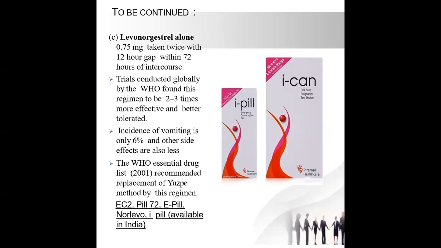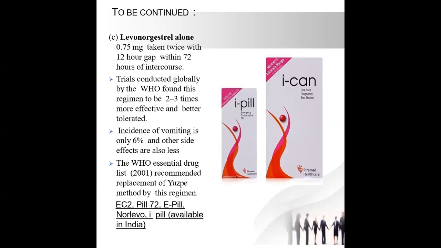The trials conducted globally by the WHO found this regimen to be 2 to 3 times more effective and better tolerated than the above regimens. The incidence of vomiting is only 6%, and other side effects are also less.